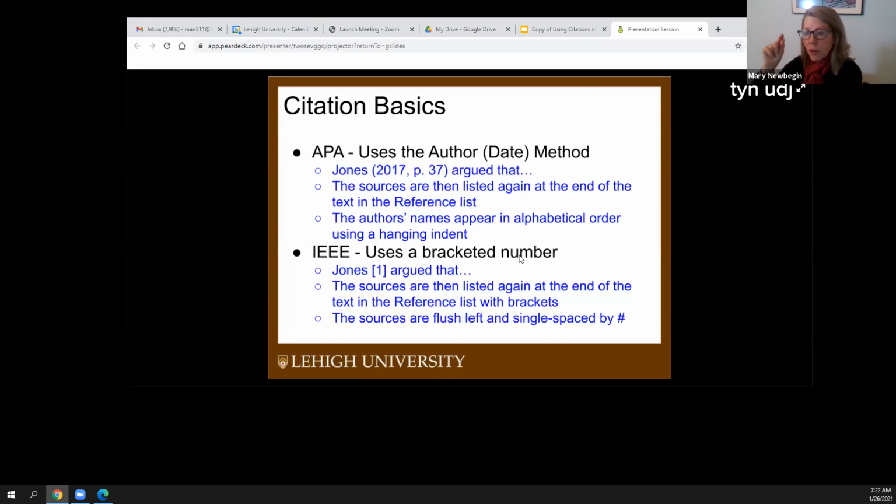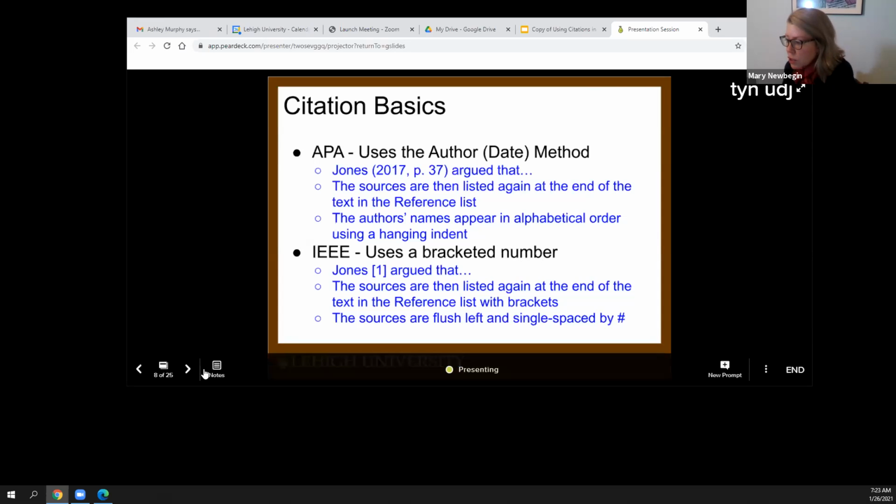I can go in and very quickly find the author I'm looking for by their last name. So that's why your instructors are going to be particular that you have that order and that it looks the way it's supposed to look. It's not a fussy English teacher thing.